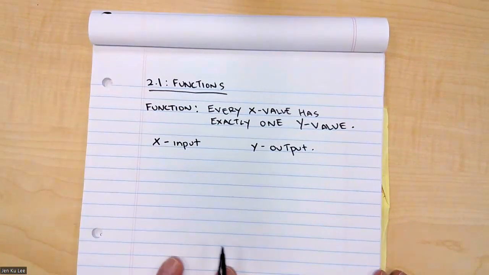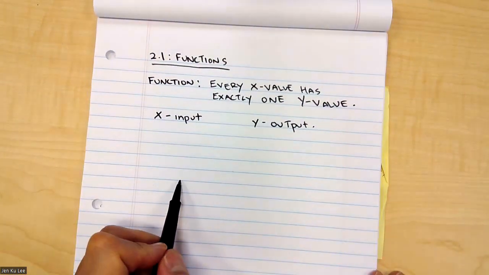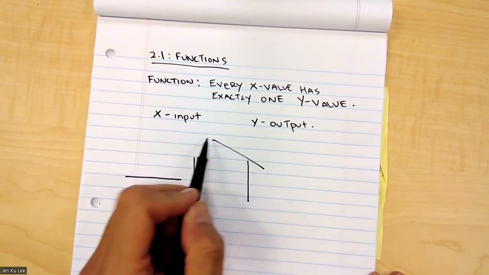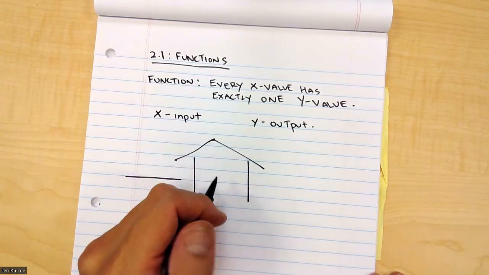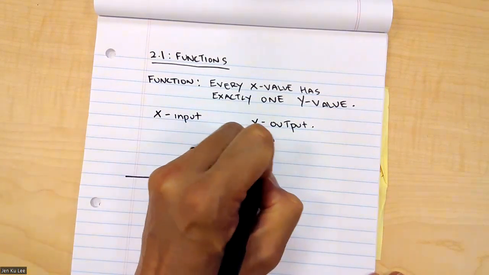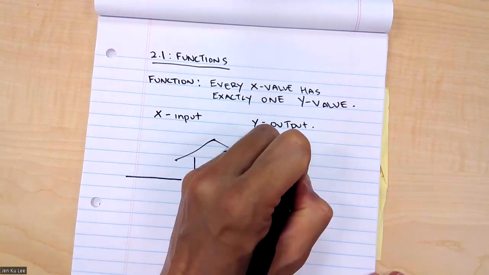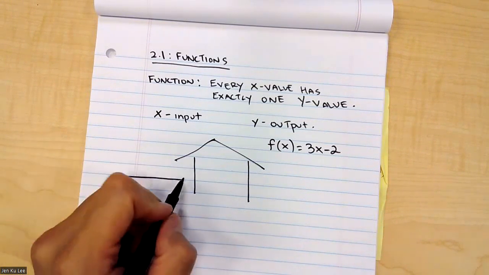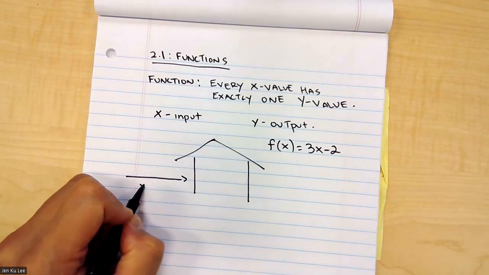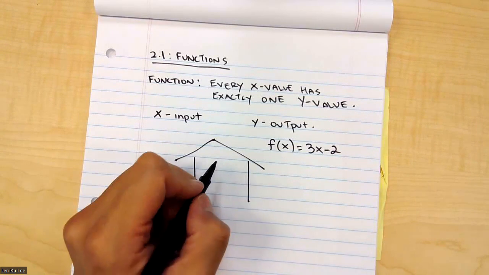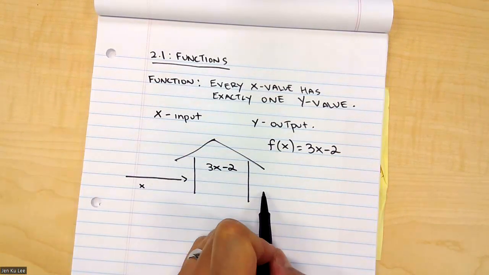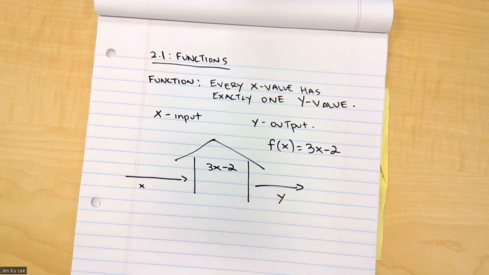Okay? Or visually, how you can think about this is this house is a function house. So if I have f of x equals 3x minus 2, right? An x value goes into this house, where it's 3x minus 2, and a y value comes out.